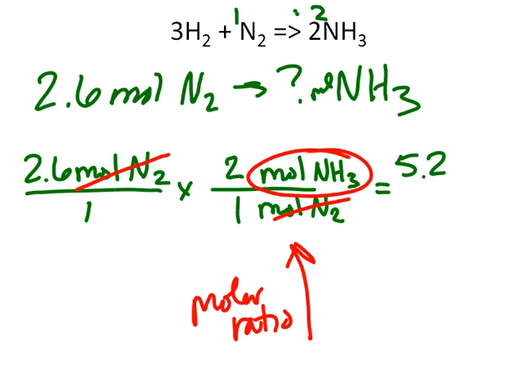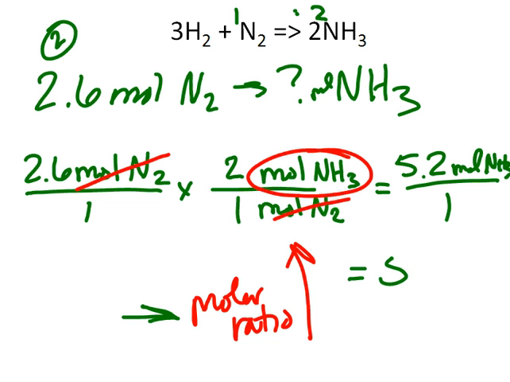It's important to know that the molar ratio is not going to play a part in sig figs. Usually you just stick with the number you're starting with; I have 2 sig figs there, so my answer should have 2 as well. So my final answer is 5.2 moles of ammonia.